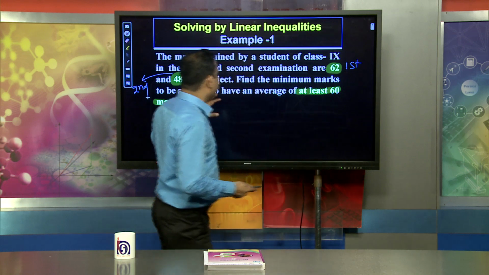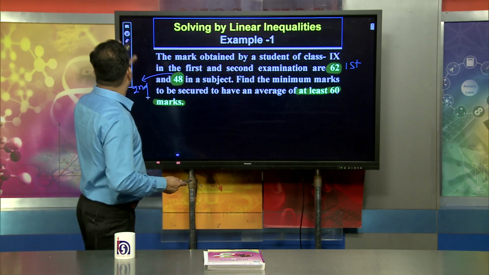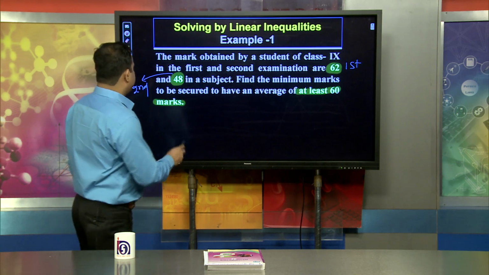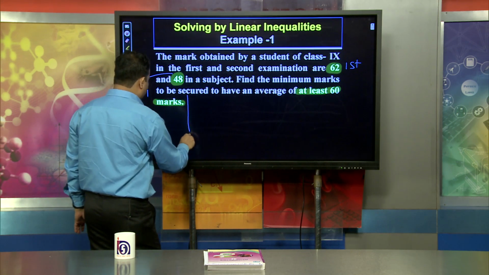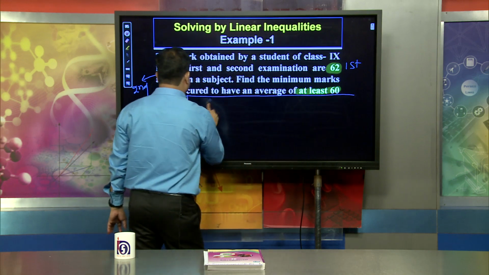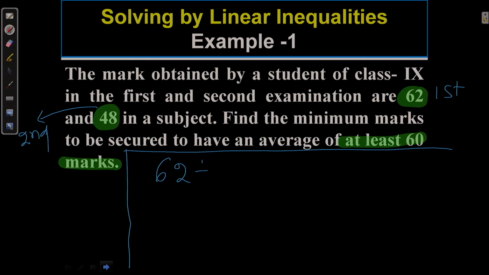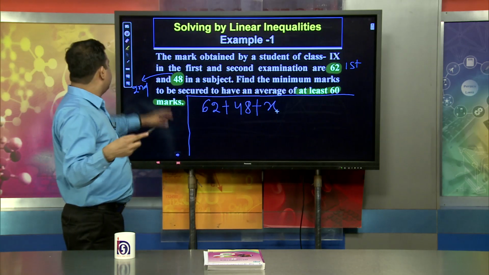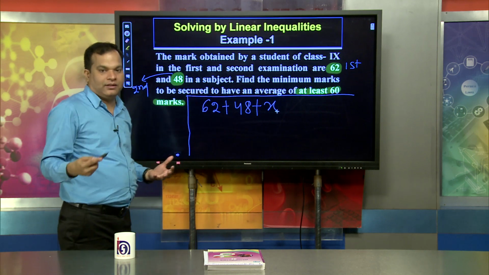So I can say, suppose the first examination mark is 62. If we come to the solution part, I can say 62 plus 48 plus x, where x is the minimum mark to be obtained.